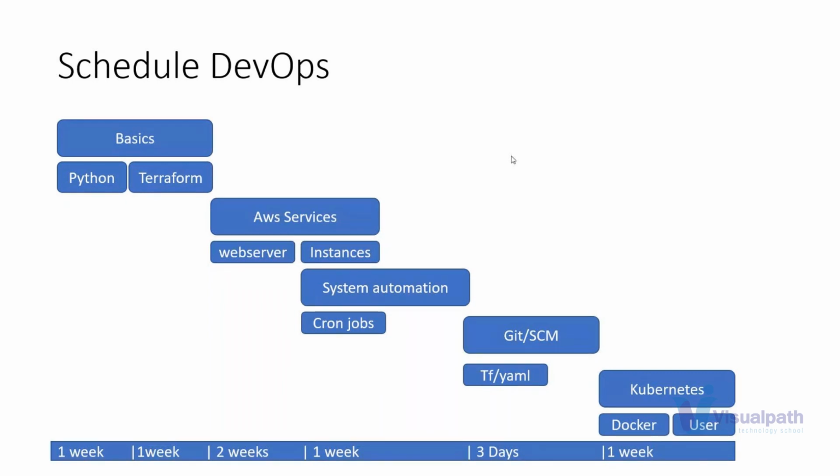Provisioning the EC2 instance is available with both Python and Terraform. Using both you can do it. But as an industry standard method, provisioning should be done with Terraform only. So using Terraform, you will be provisioning the EC2 instance.